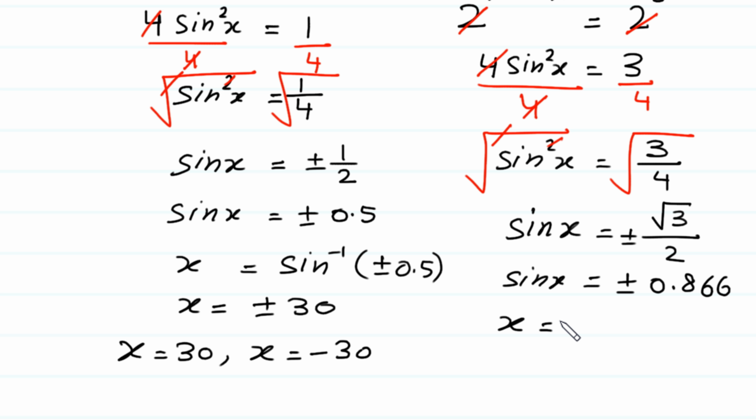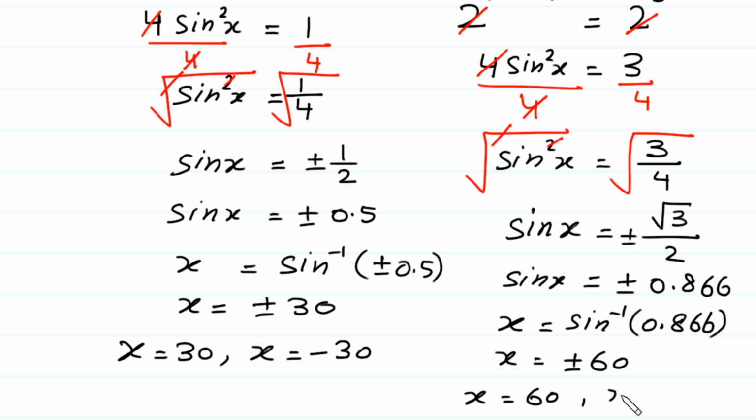X is equal to sine inverse of 0.866. X is equal to sine inverse of 0.866 is plus minus 60. So we have two values of x here. X is equal to positive 60 and x is equal to negative 60.